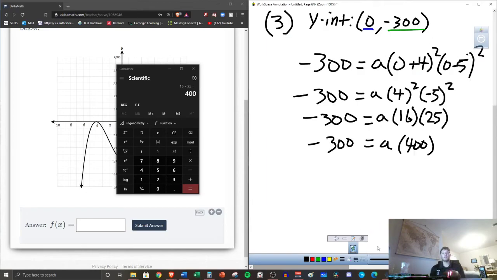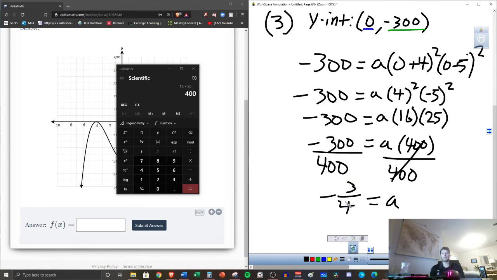Now, to get a alone, we're going to divide both sides by 400. That's going to get us a equals, and we're going to simplify this. -300 over positive 400 gives me -3/4, doing GCF of 100. So that's my answer.